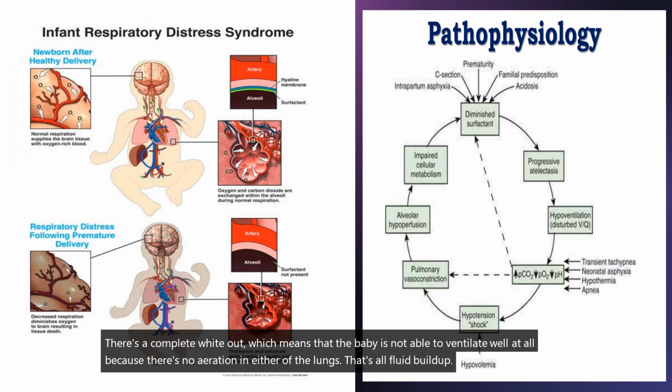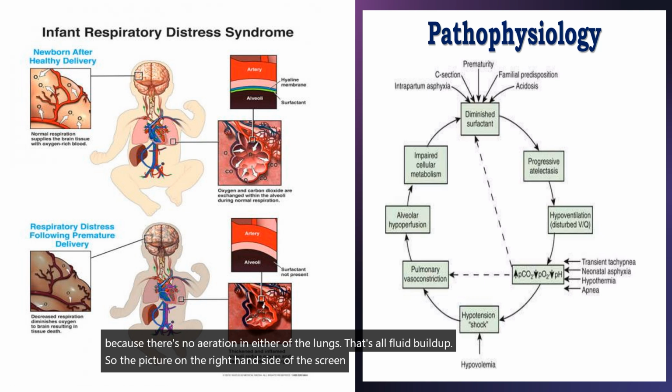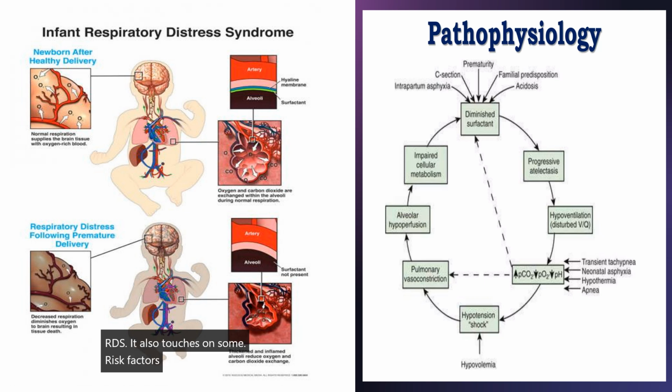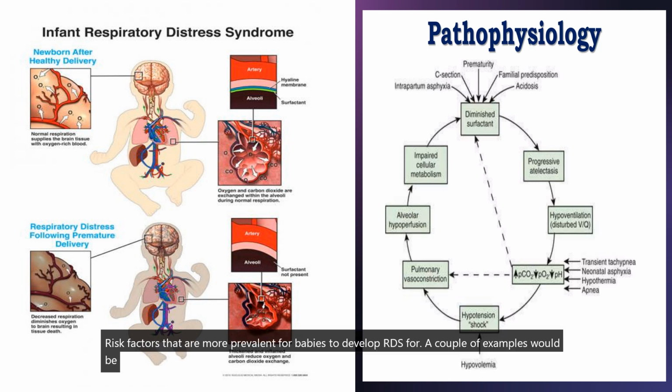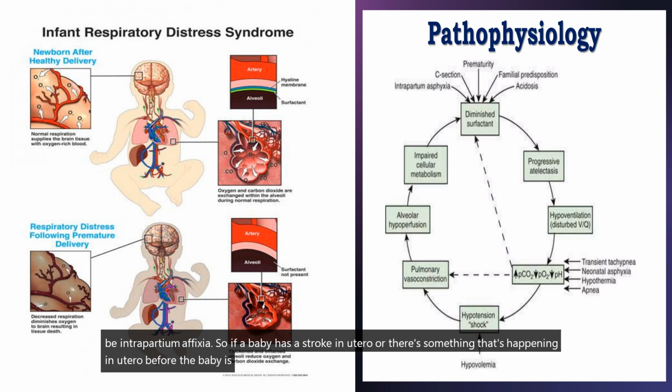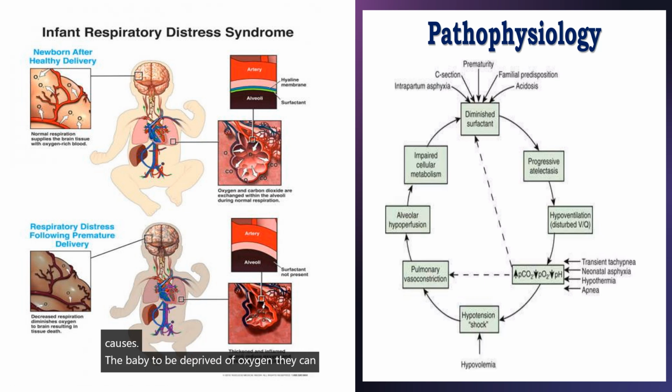The picture on the right-hand side of the screen goes over the basic pathophysiology of RDS. It also touches on some risk factors that are more prevalent for babies to develop RDS. A couple of examples would be intrapartum asphyxia. If something is happening in utero before the baby is born, something wrong with the placenta or the umbilical cord, it causes the baby to be deprived of oxygen, and they can develop RDS.